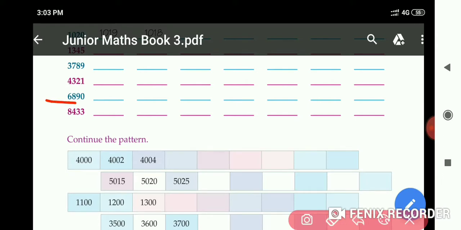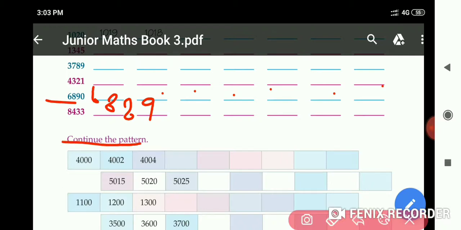In backward counting, what will be the number? 6889, 6888, 6887. Like this we will fill all the blanks.